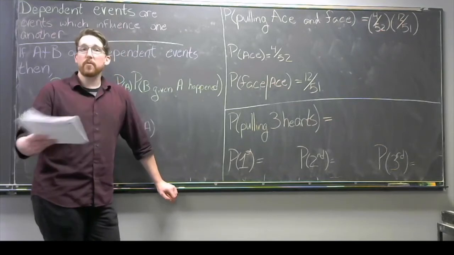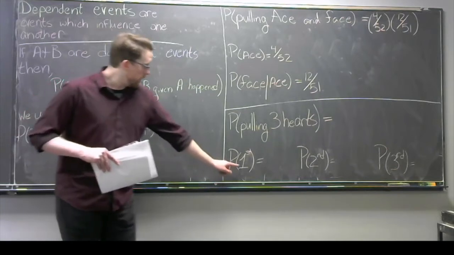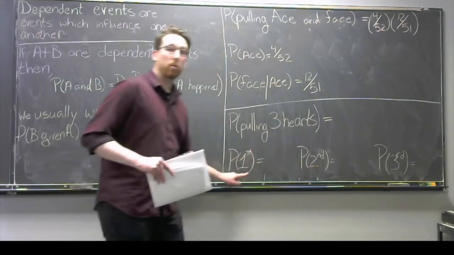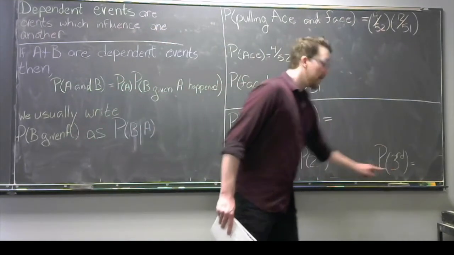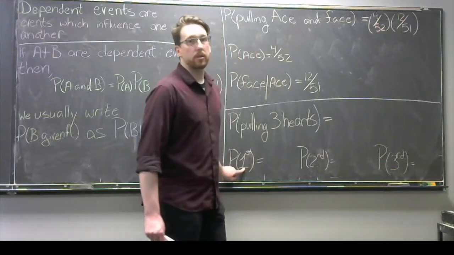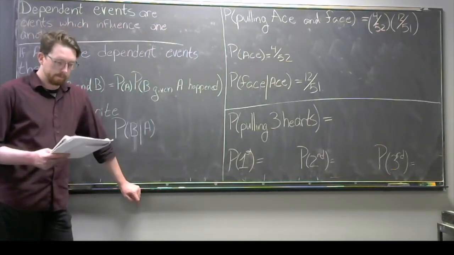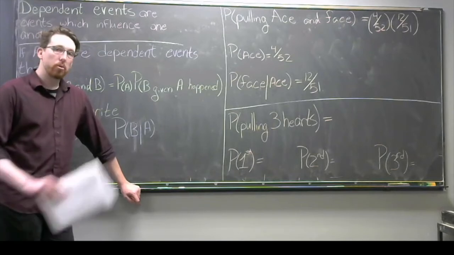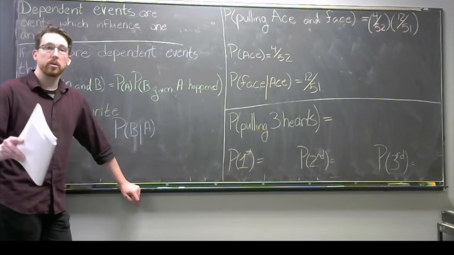Well, we have 3 different conditions that are happening, right? Pulling the first heart, pulling the second heart, given that we pulled the first heart, and pulling the third heart, given that we pulled the first 2 hearts. So, pulling the first heart, well, there's 13 cards in that entire suit.